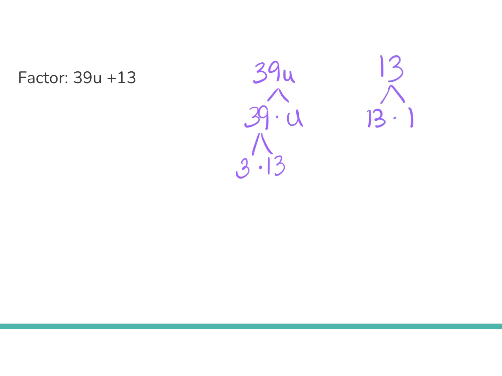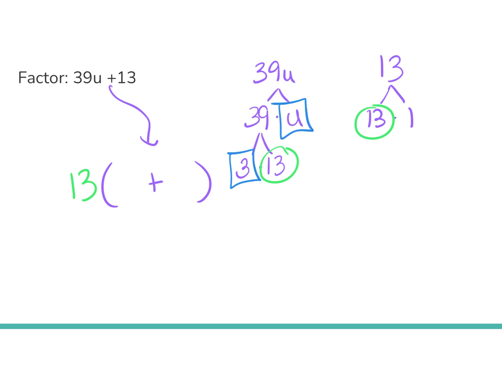So my greatest common factor is 13. I'm going to put that on the outside. And then I'm going to put the addition sign. And what I'm left over with is I have 3u. And then I have plus 1. Check yourself to make sure 13 times 3u is that 39u. And 13 times 1 is that 13. Yes, it is.